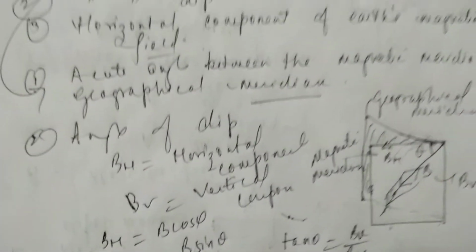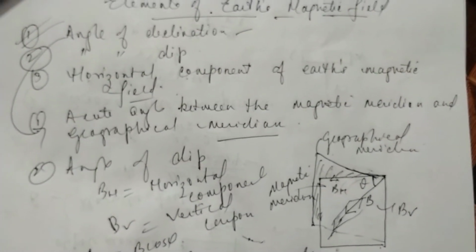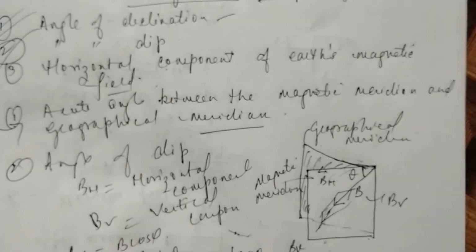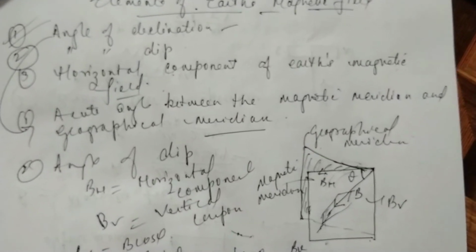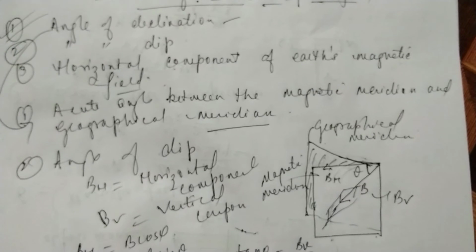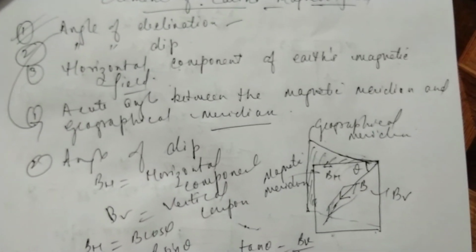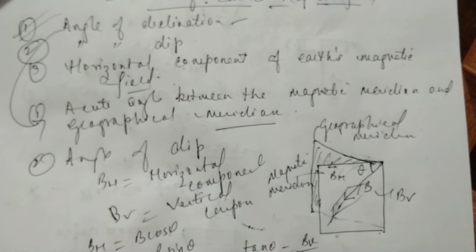So we have got three elements of Earth's magnetic field: the angle of declination, the angle of dip, and the horizontal component of Earth's magnetic field. The angle of declination is the angle between the magnetic meridian and the geographic meridian. The angle of dip is the angle between the horizontal component of Earth's magnetic field and the resultant Earth's magnetic field.